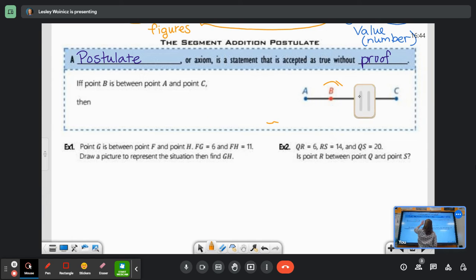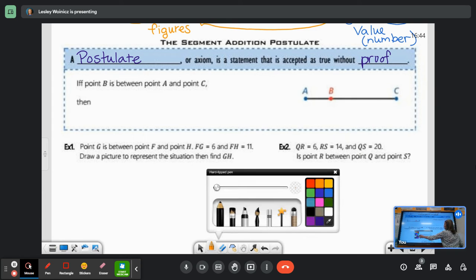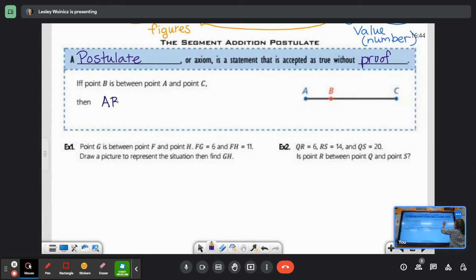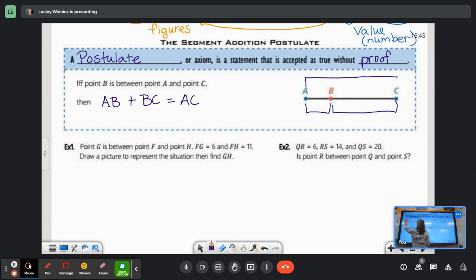If it's between A and C, then we know that the length of AB plus the length of BC, so this length plus this length, equals the length of AC. The whole shebang.